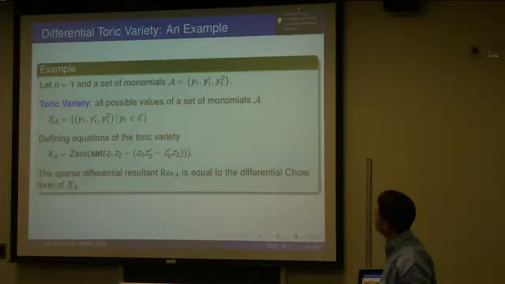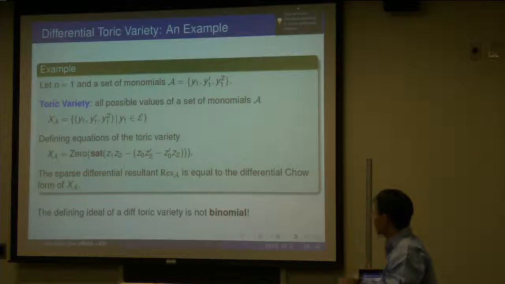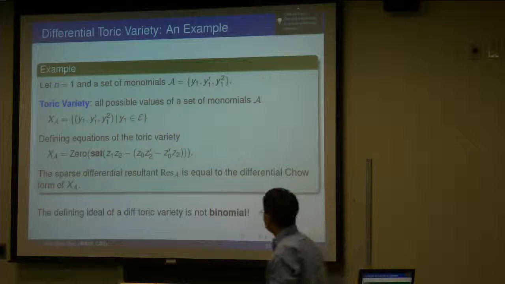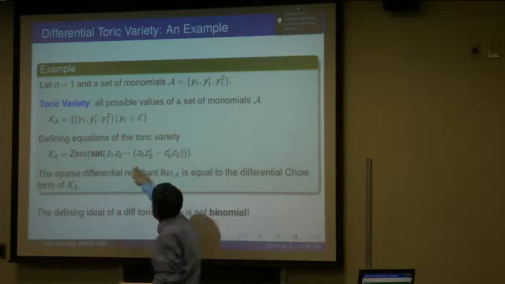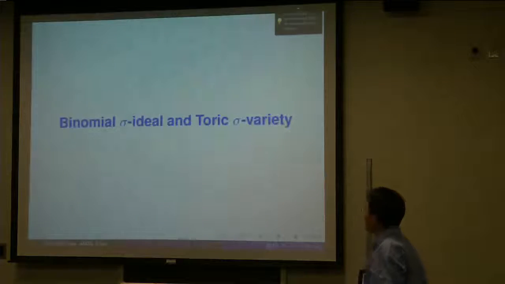And this is a very simple example. Unfortunately, in the algebraic case, there is a lot of study of toric varieties and everything. But in the differential case, it's difficult because differential toric varieties are not binomial. Fortunately, I realized that in the difference case, it is binomial.